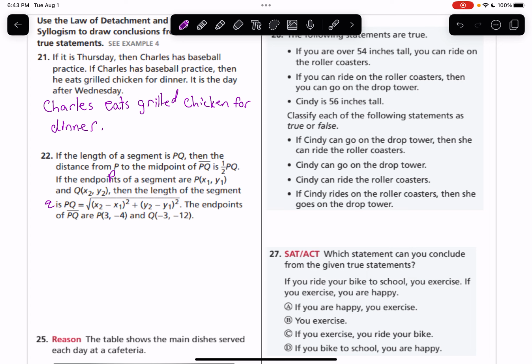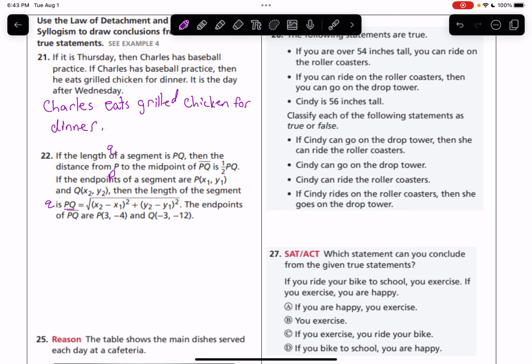Then, if the length of a segment is PQ, that is going to be the same as the hypothesis of the first statement because it says the length of the segment is PQ. And then we have the distance from P to the midpoint is half the length. So what we can do here is we can take our points, find the distance between them, and then find half that distance to conclude the statement.